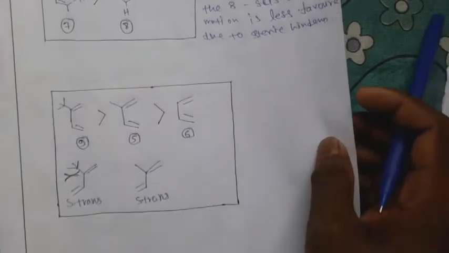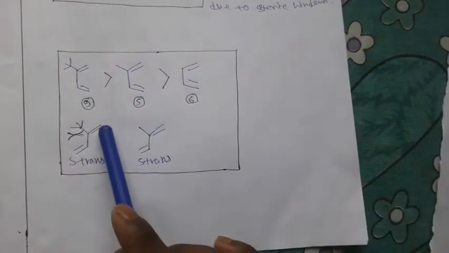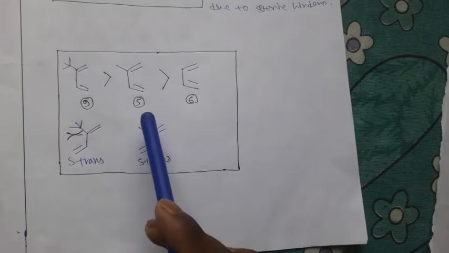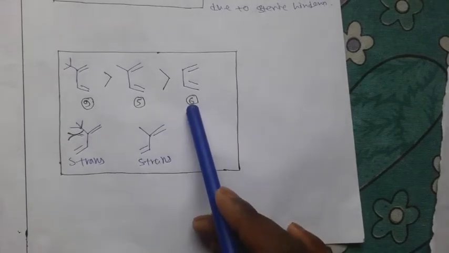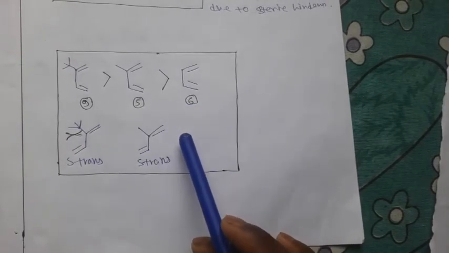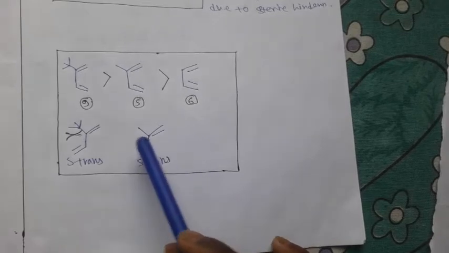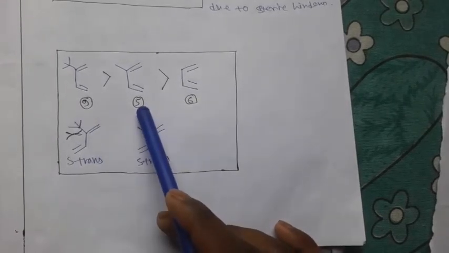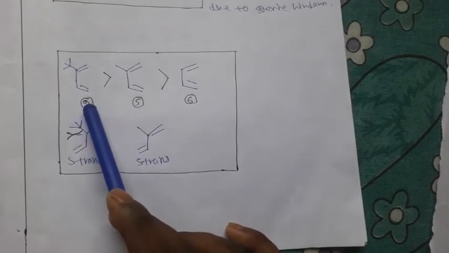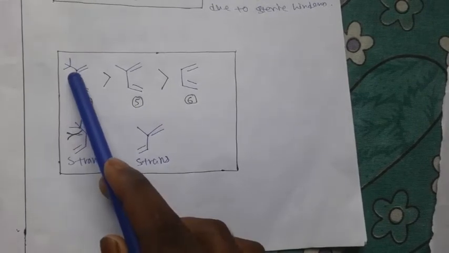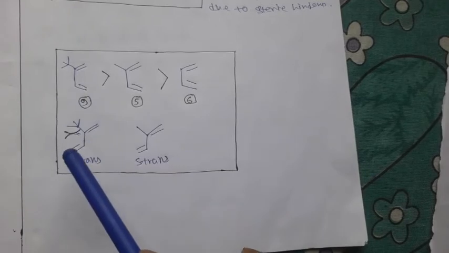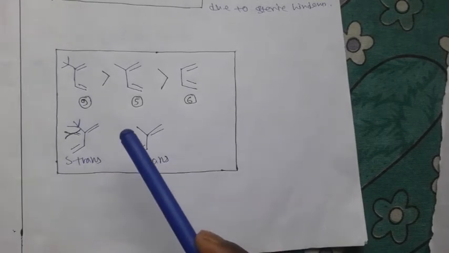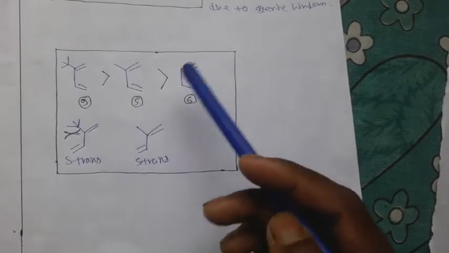Compounds 9 and 5 have higher reactivity than compound 6 due to the presence of electron donor group. Compound 9 is more reactive than compound 5 because in compound 9, due to the bulky tert-butyl group, S-trans is not favored and S-cis is more favored.